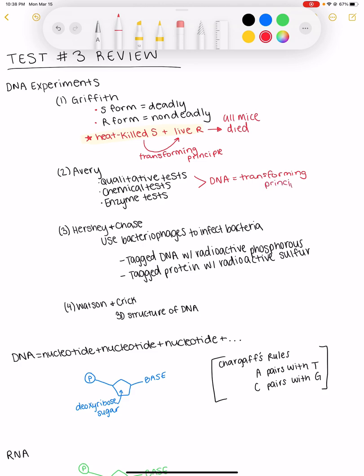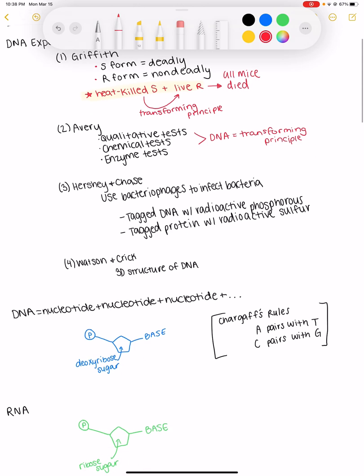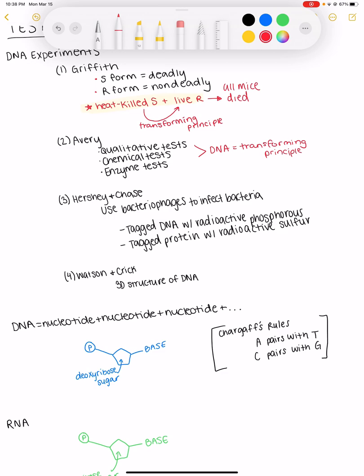However, there were some critics who were not convinced that DNA was actually the culprit. They wondered if maybe proteins could be what is causing this transformation. So Hershey and Chase came in and used bacteriophages, which are viruses that are able to infect bacteria.